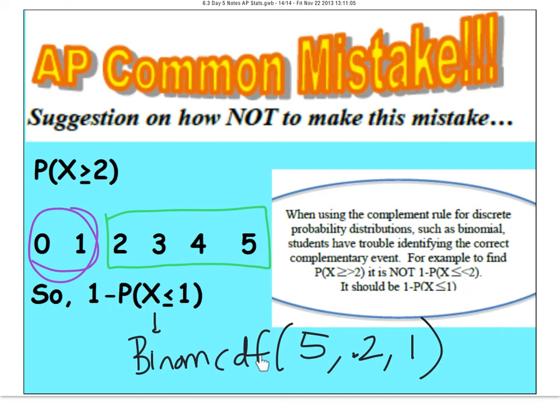Take 1 and subtract this from it, and that will end up giving me these 4 scenarios. This is not the only way to do this problem, by the way, folks. If you wanted to, you could do binomial PDF of this, PDF of this, PDF of this, PDF of that, and add all 4 of those together. You will absolutely get credit for that.